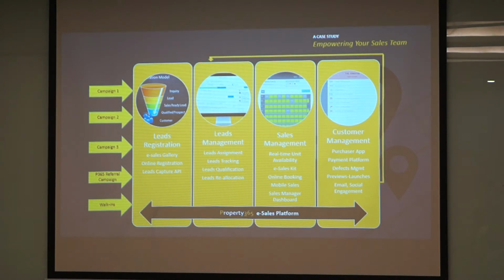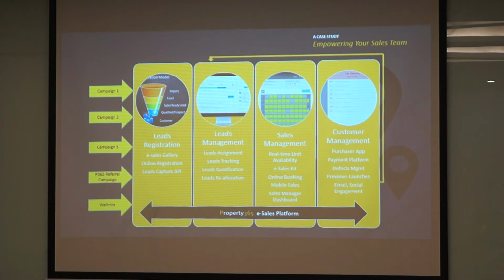You are in control of your inventories. So this is what our platform P365 can actually do. You are in control of all your inventories, whether or not you want to split the levels for your internal sales staff to sell, or your appointed agency to sell differently.